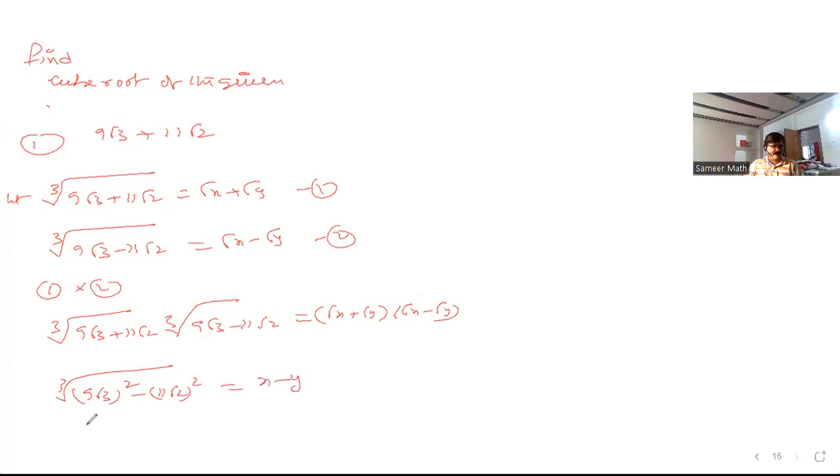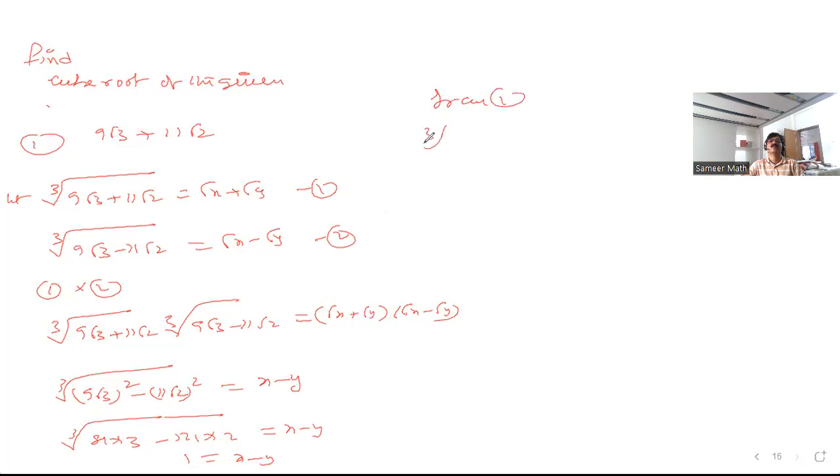After evaluating this, what are you going to get? 81 3s are, cube root of 81 into 3, minus 121 into 2, is equal to x minus y. So I think you are getting 1 over here. This is x minus y. We got it. Okay. After getting x minus y, you take the first one from 1.